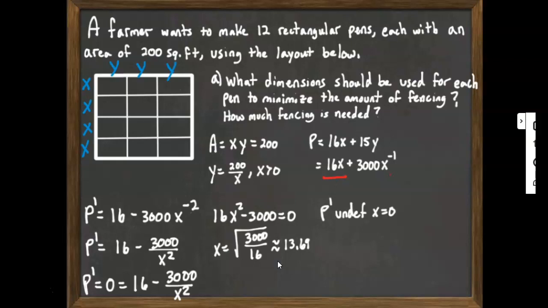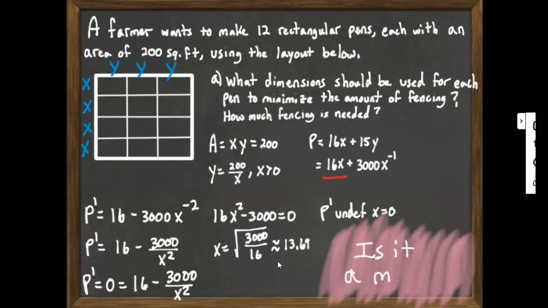And so we want to use that 13.69 to figure out, okay, what's our y value? But hold on. Before we can do that, we do have to answer this question. Is that actually a minimum value? Are we actually minimizing the amount of material here?